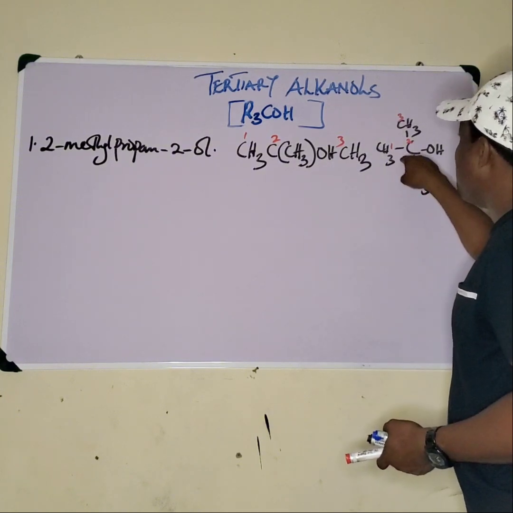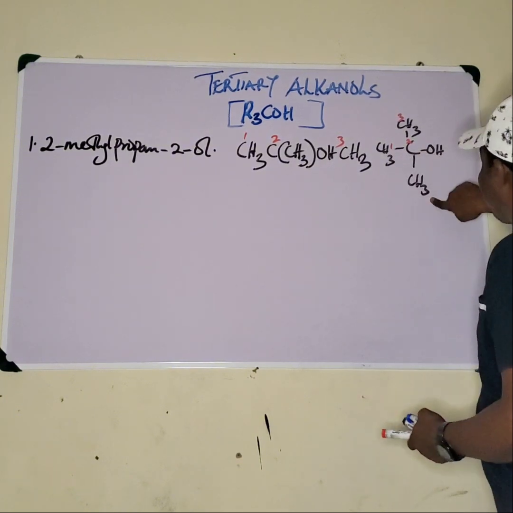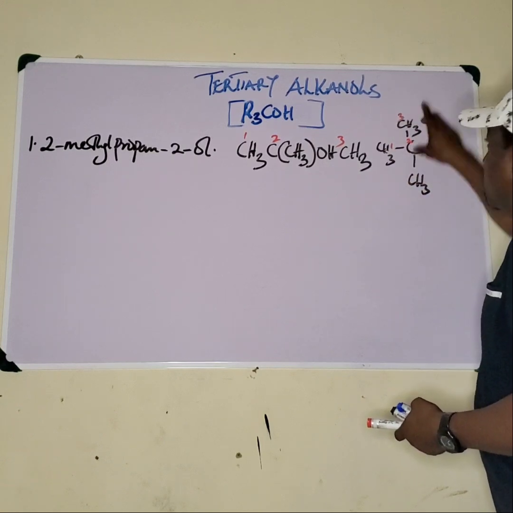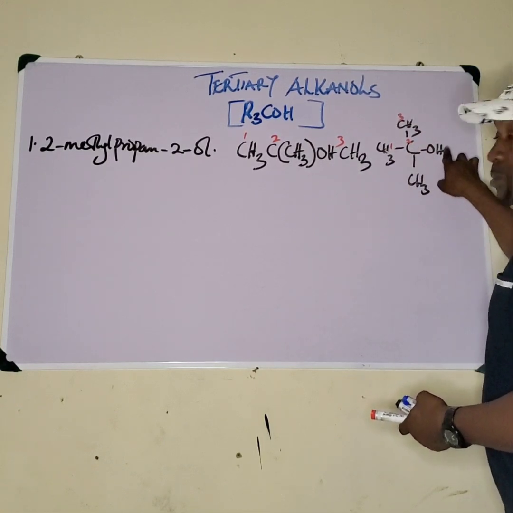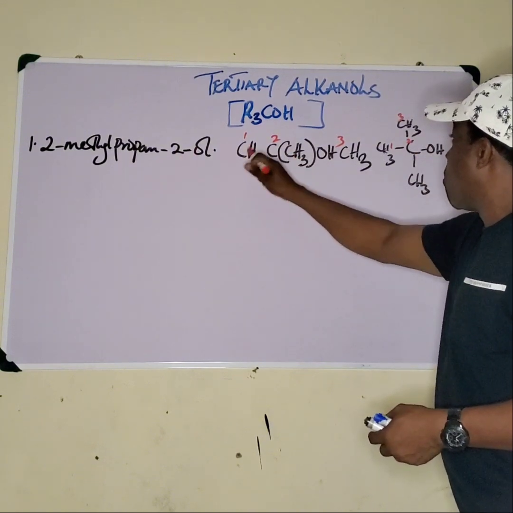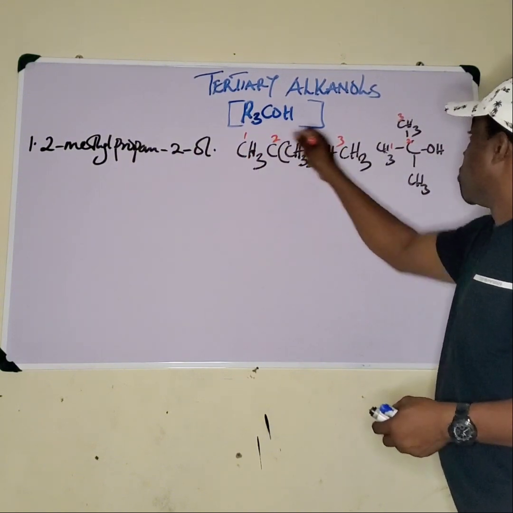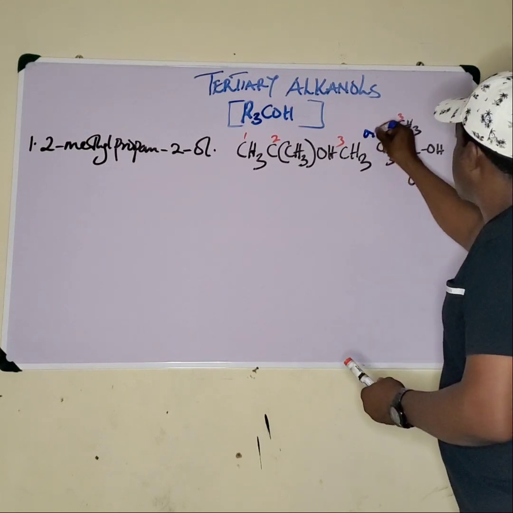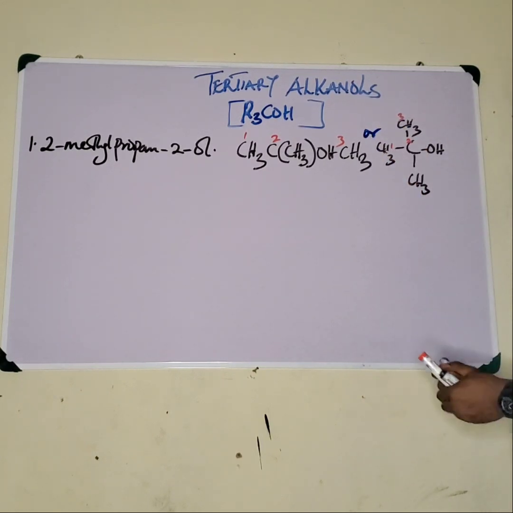So this simply means 2-methylpropan-2-ol: 3 carbon atoms, 2-ol. Okay? 2-methyl, 1, 2, 3, propan-2-ol. This is the same as this, in case you are confused about this.